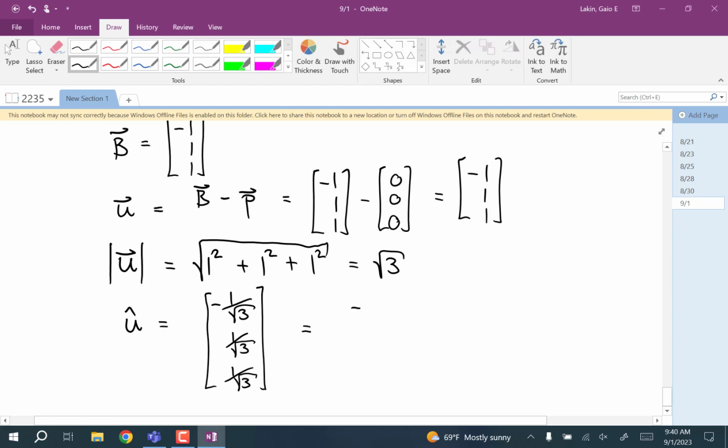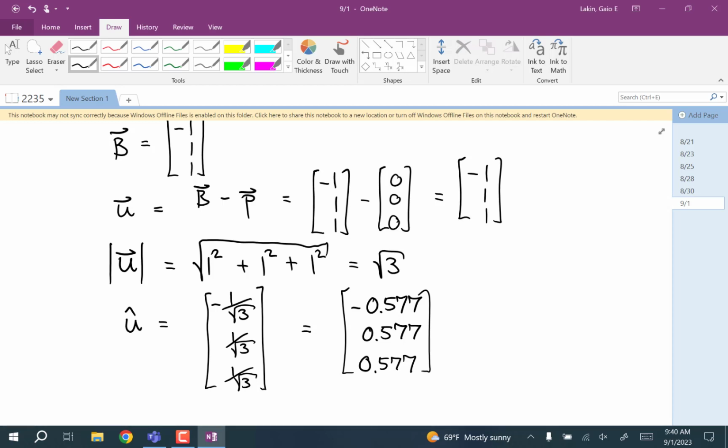Which is -0.577, +0.577, +0.577. And now that we have the unit vector in the direction of that force, we multiply the unit vector by the magnitude of the force, which is 10,000.